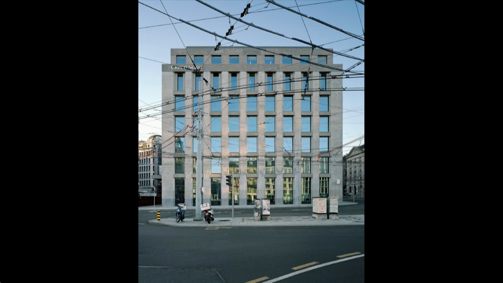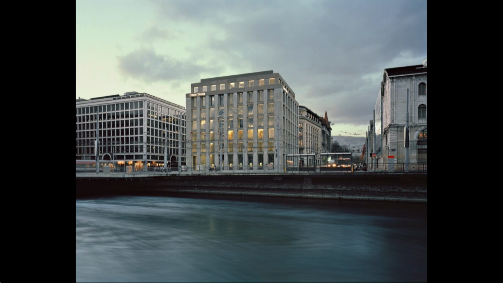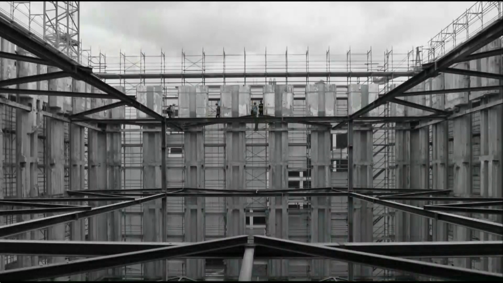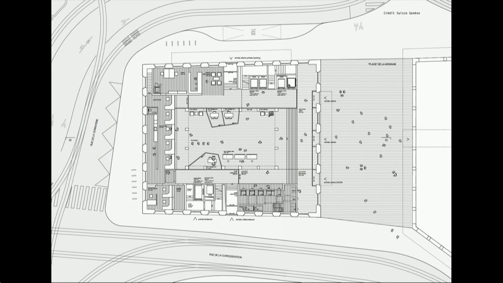The external austerity is contrasted by the atrium inside, which allows visual dialogue between the various usage areas. In terms of construction, the stony casing is matched by a finely defined structural grid.